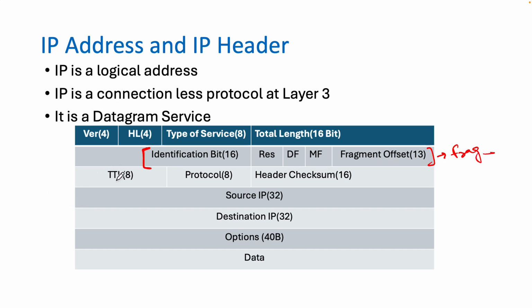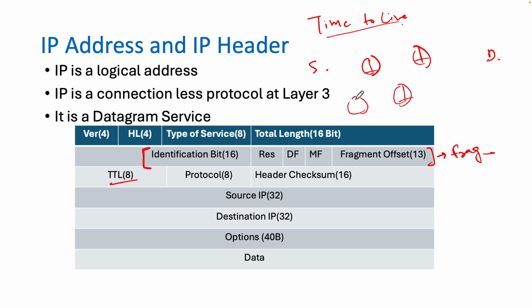Let's move further. So this TTL is time to live. It is a loop avoiding mechanism. Let's say this is the source, this is the destination, and there are many routers.